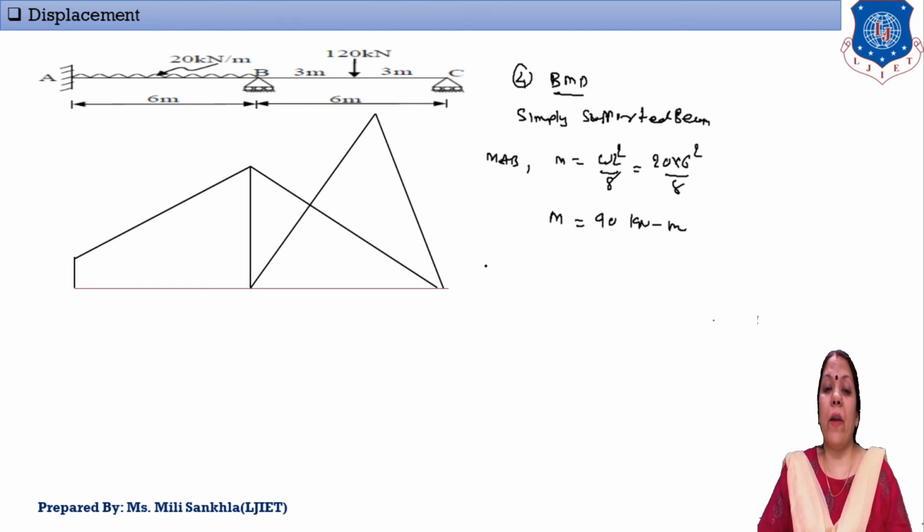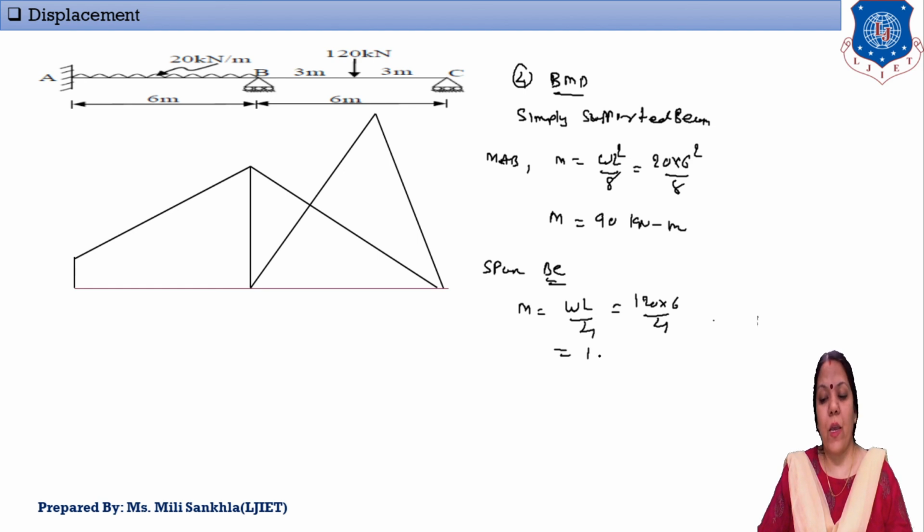Now second we find it for span BC, and for span BC M is equal to WL by 4, and this W is equal to 120. L is equal to 6, divided by 4, and this moment is equal to 180 kilonewton meter. Now one by one mention the span here.